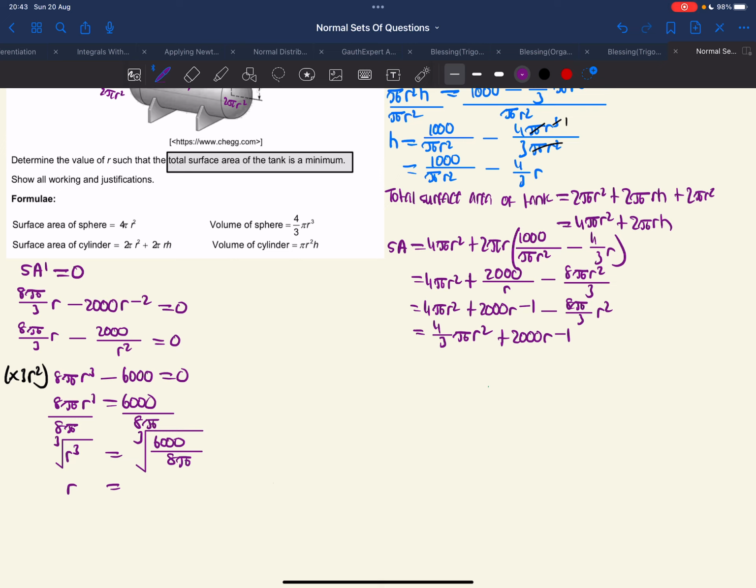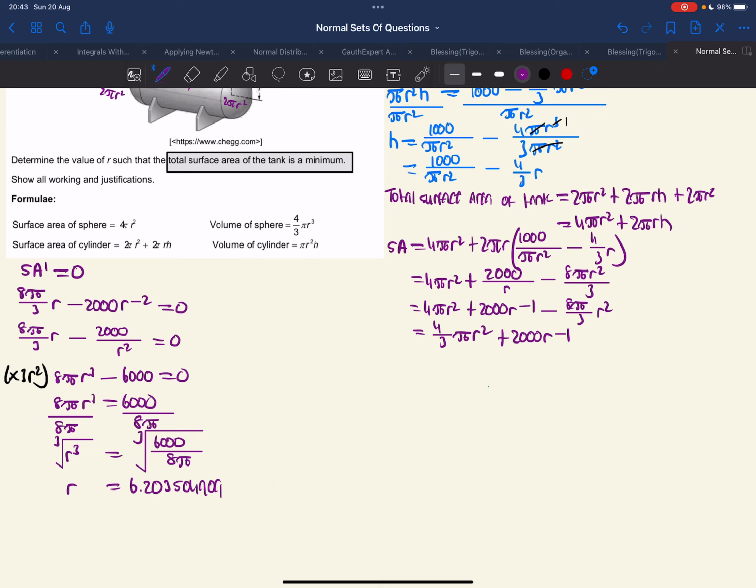So it's 6000 over 8 pi, and when you put that in the calculator you get 6.0203504909.